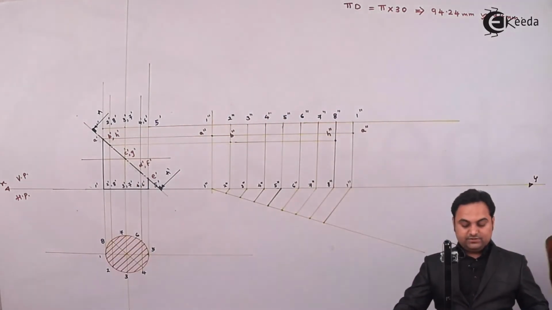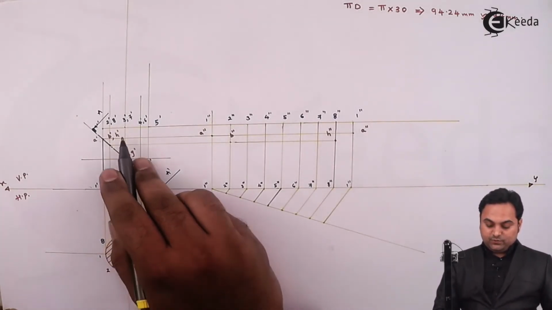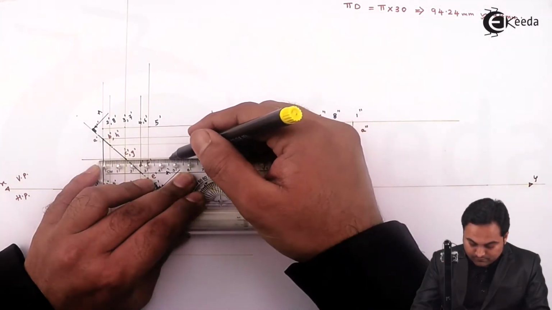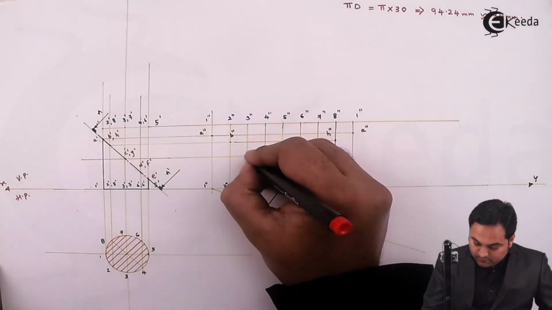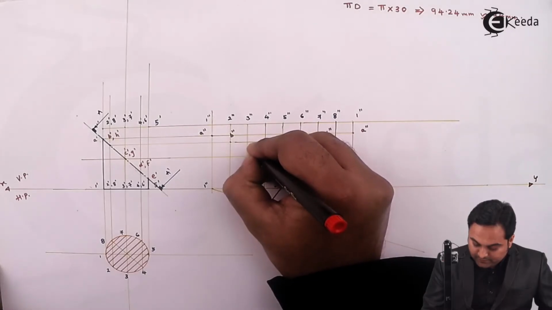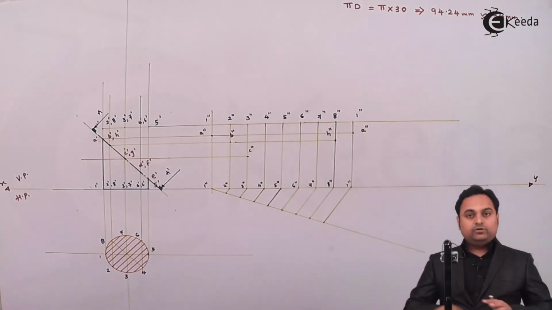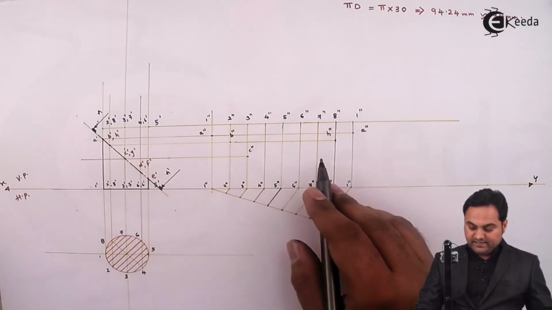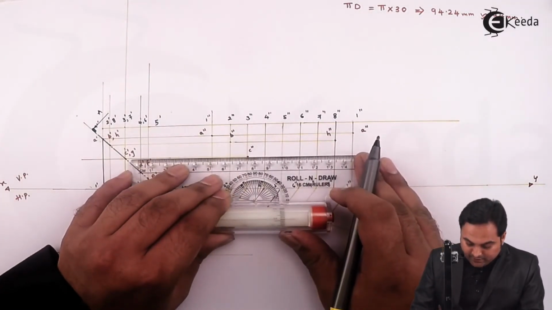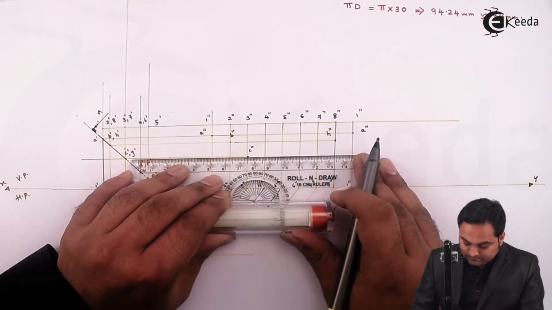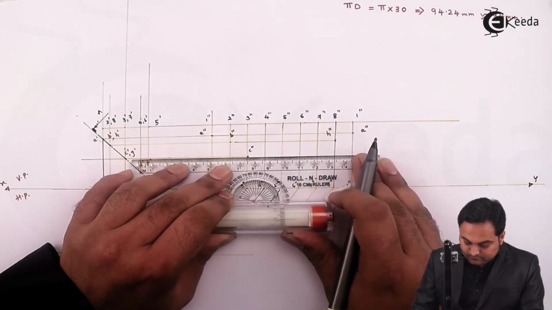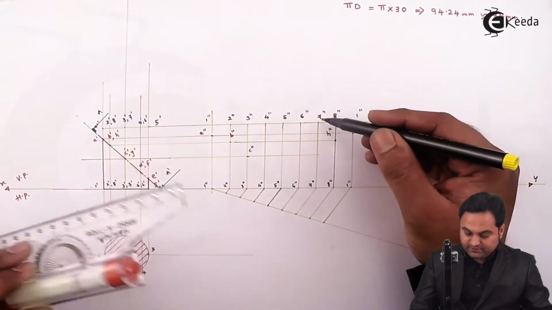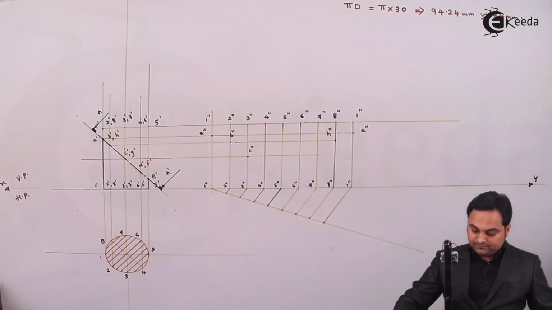H double dash. Then we have C dash which is on 3 dash 3 dash. This gives me the point C double dash, and on this same line there will be G dash cutting 7 dash 7 dash. So projecting it light, where it is cutting 7 double dash 7 double dash.